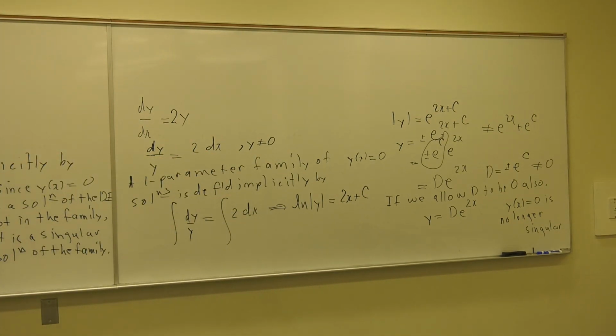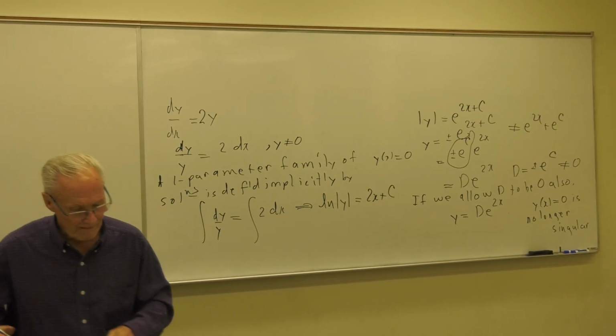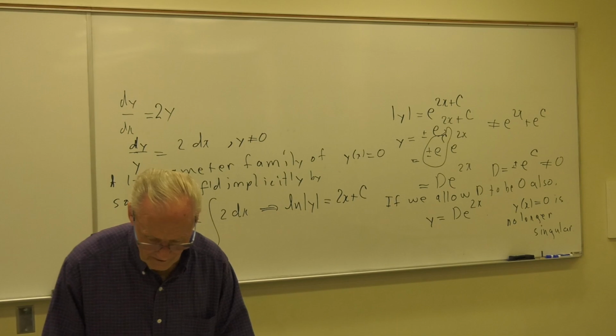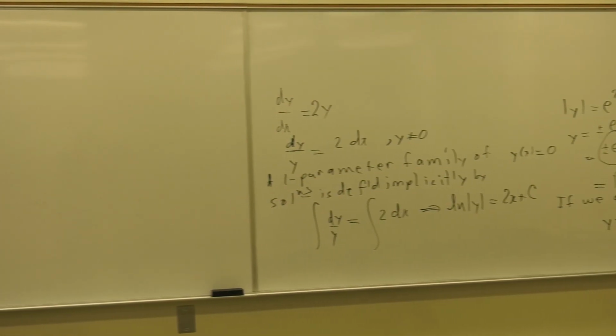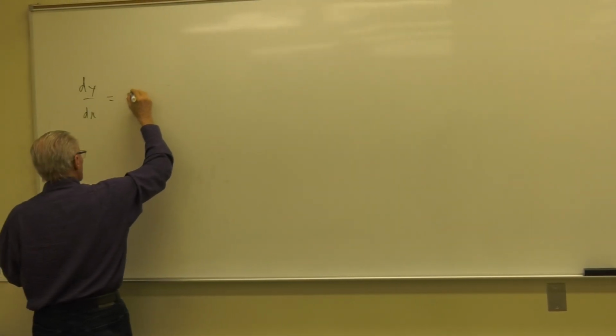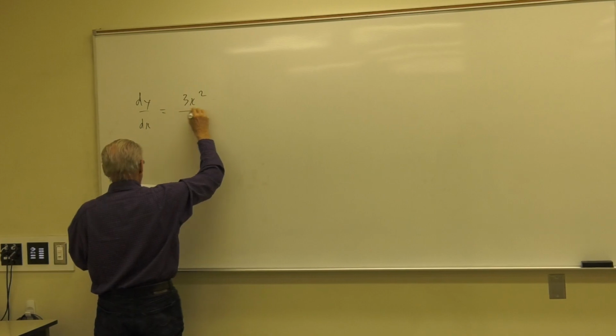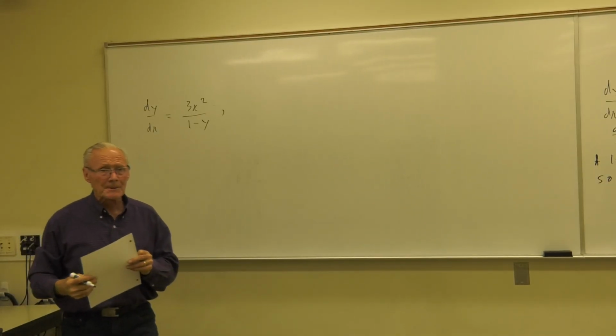So those two examples were relatively straightforward. Let's take one that's a little more difficult. This one: dy dx is equal to 3x squared over 1 minus y. But this time, I'm not going to look for a family.